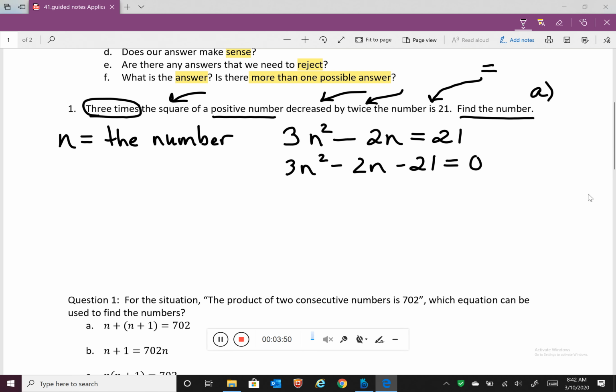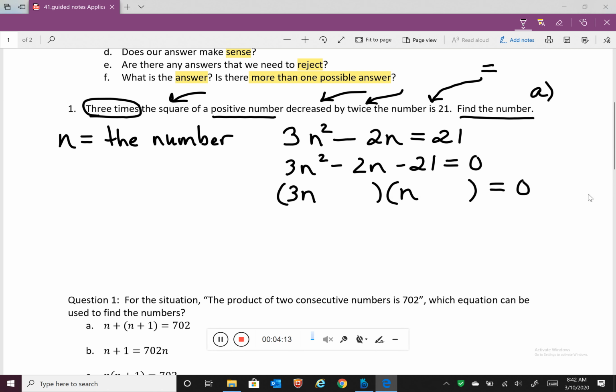Now 3 is prime, so if this indeed factors, it has to have factors of 3n and positive n. Now 21 is not prime, but it only has factors of 1 and 21, and 3 with 7.